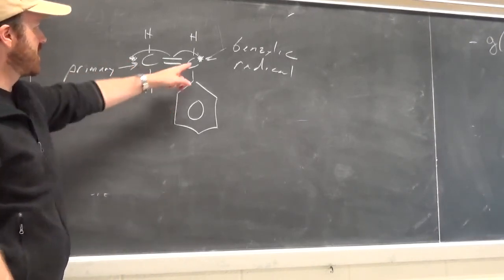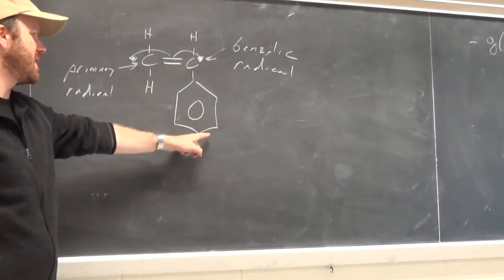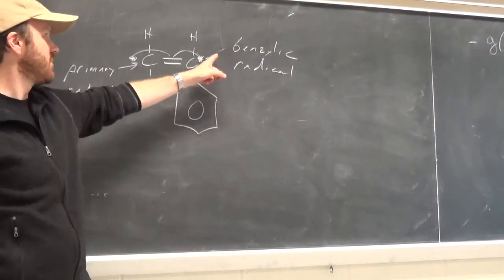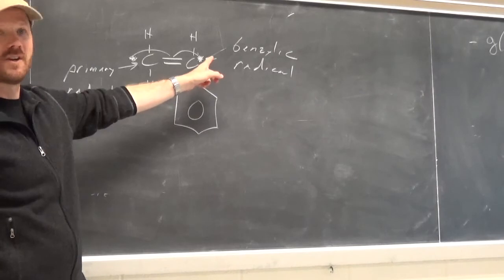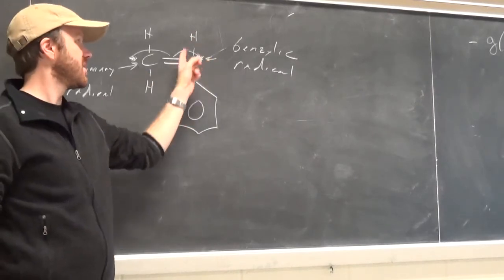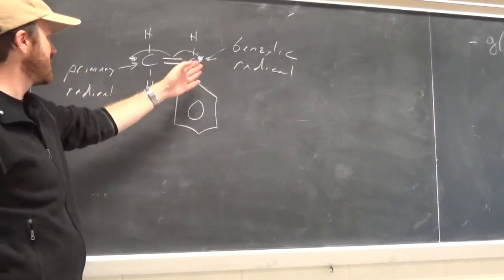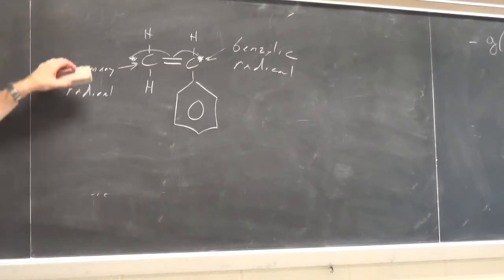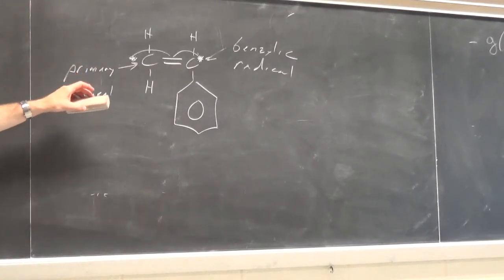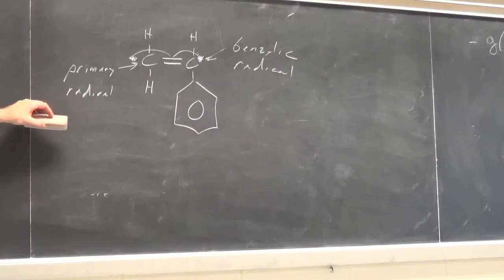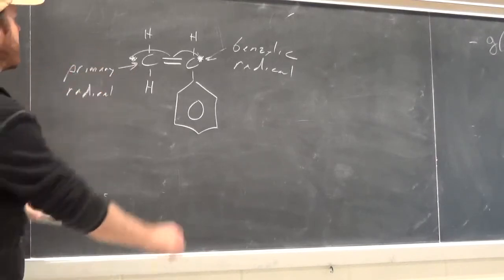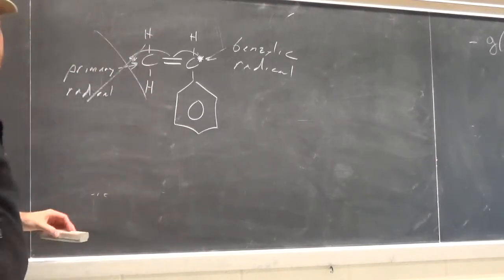It turns out that this radical is resonance stabilized by this benzene ring, so this is more likely to form. The chain end lives the longest, which means that's the species that propagates. Primary radicals can form, but they disappear right away. They're not very stable, so it's very unlikely to have the chain grow like this.